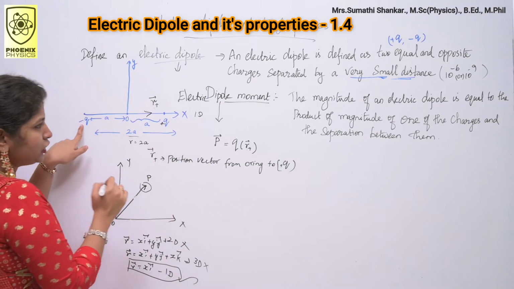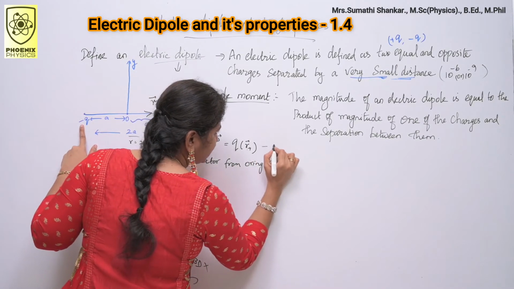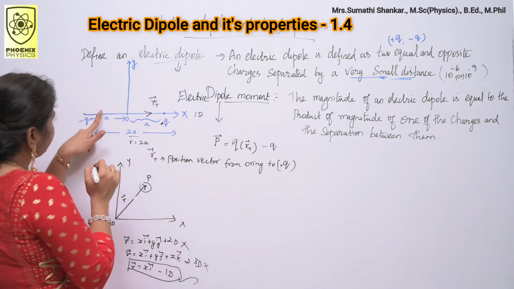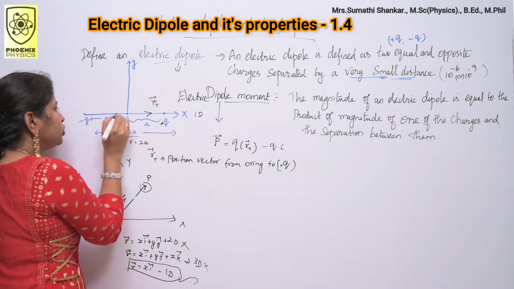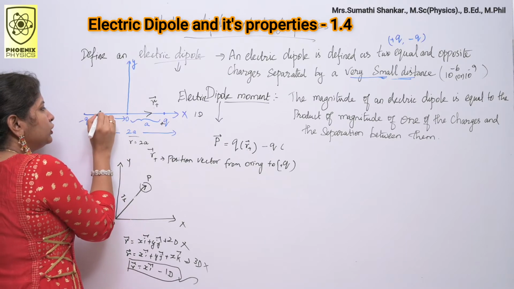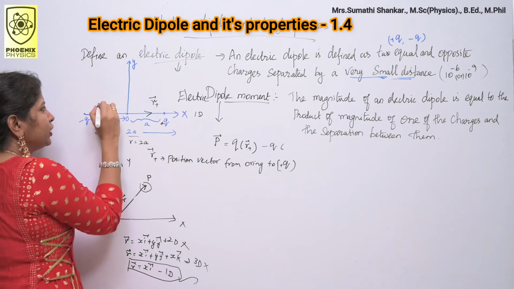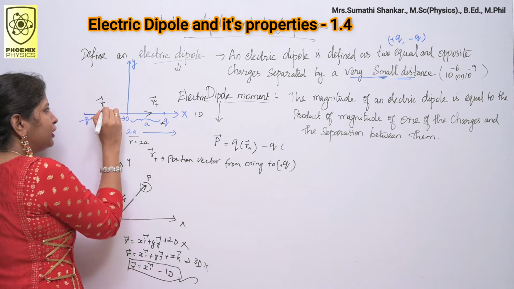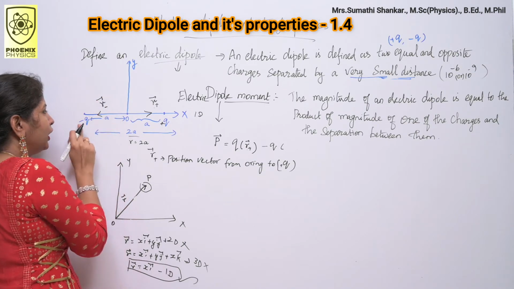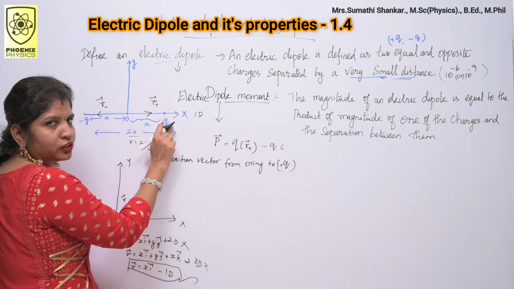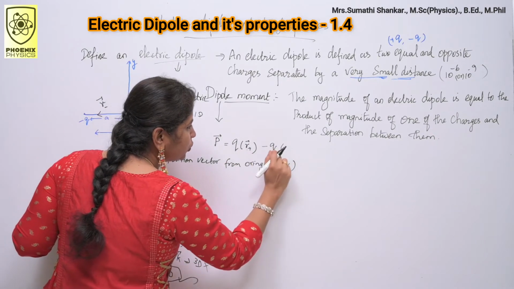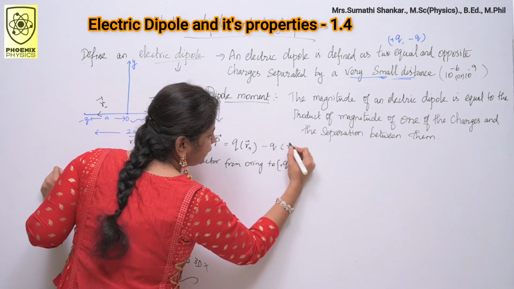Here I have minus q charge. So write minus q into, from this origin to minus q, the position vector direction is like this. It can be written as r vector minus. This minus indicates the minus charge. This plus indicates the plus q charge. q r plus minus q r minus.